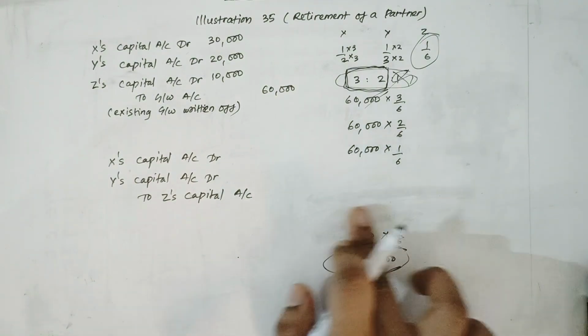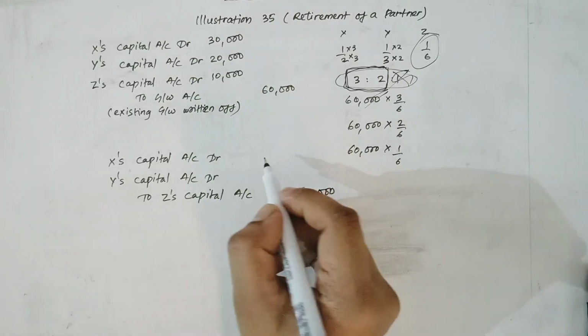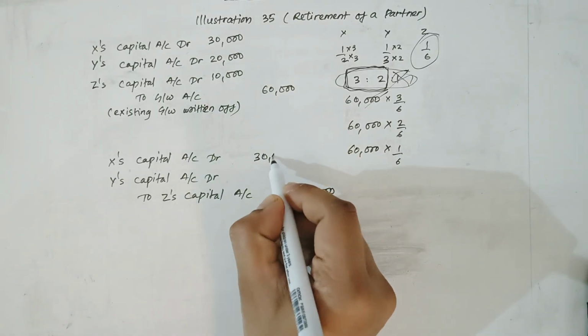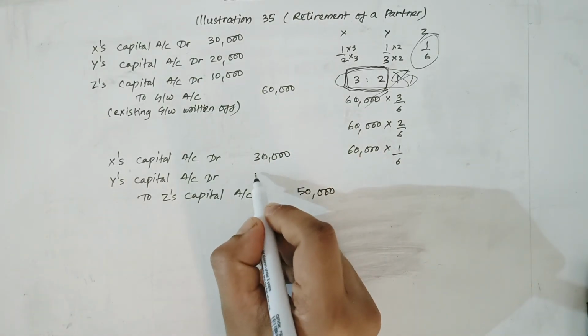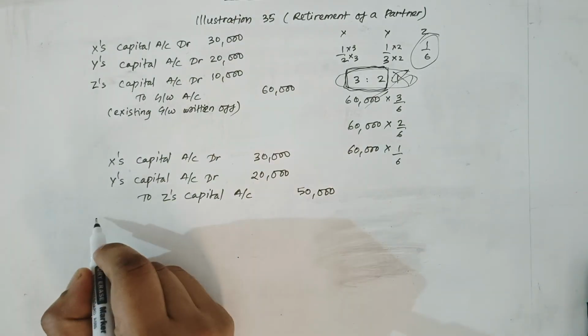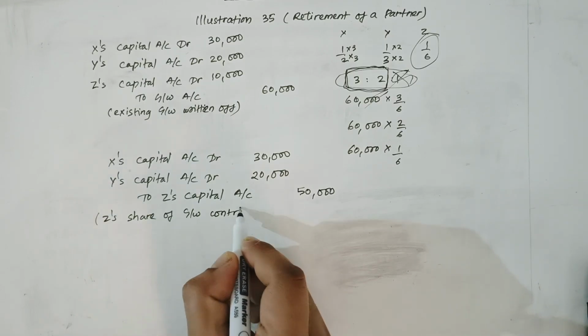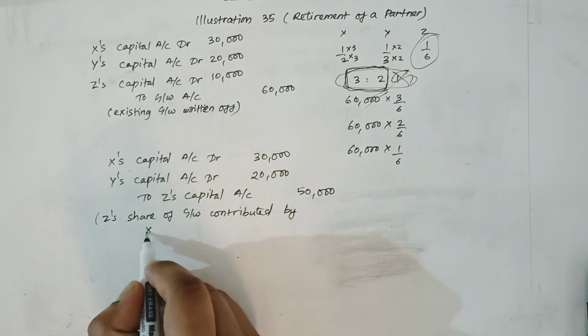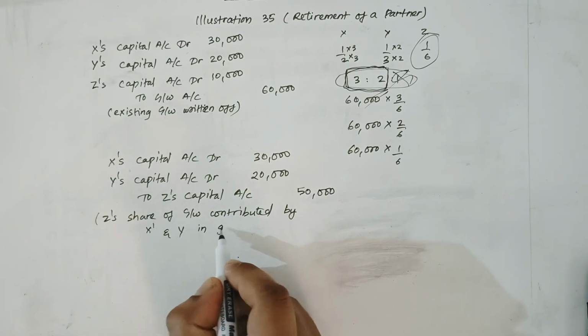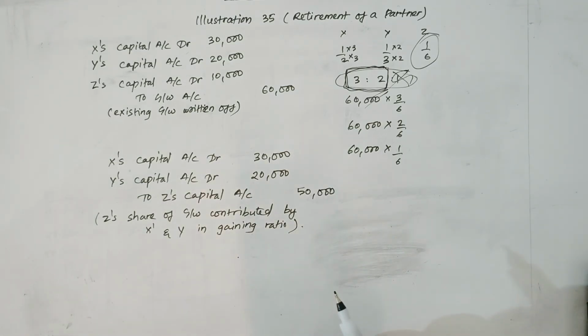So Z will be credited with 50,000 and X and Y will contribute 50,000 in 3 to 2 ratio. Z's share of goodwill contributed by X and Y in gain ratio. Okay, we have passed journal entries for the treatment of goodwill.